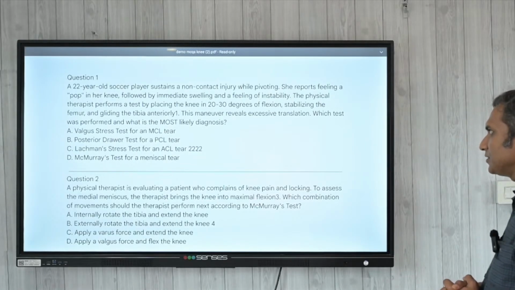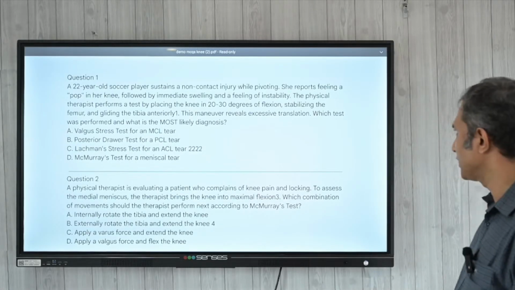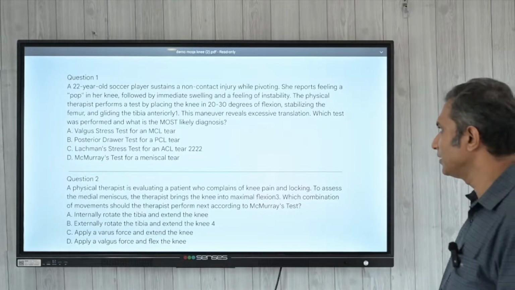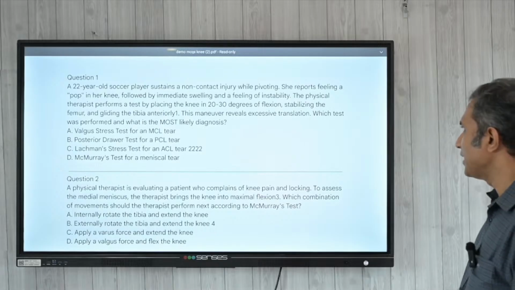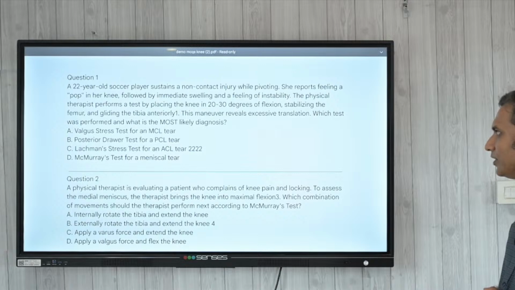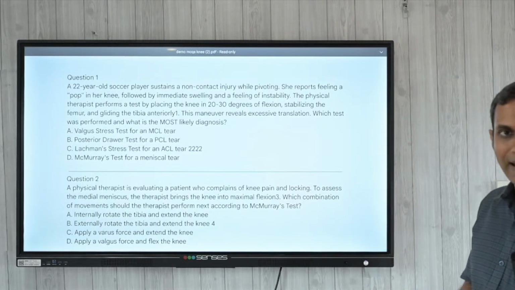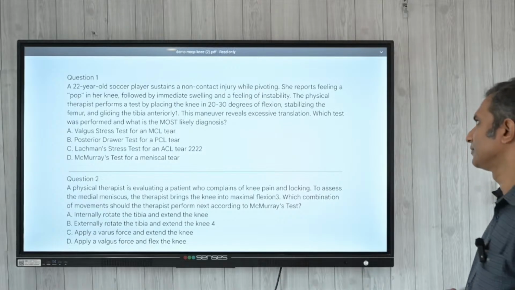The physical therapist performs a test by placing the knee joint in 20 to 30 degree flexion, stabilizing the femur and gliding the tibia anteriorly. This maneuver reveals excessive translation. Which test was performed and what is the most likely diagnosis?